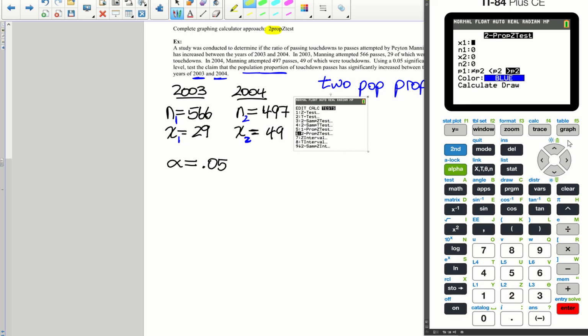For whatever reason, that's going to correspond to this. People are going to write x1 as 566 and n1 as 29. You're going to get it backwards. All right. x always has to be smaller than n, right? Because x is the part, n is the whole. All right. So hopefully by me bringing up the most common errors, maybe we can avoid those.